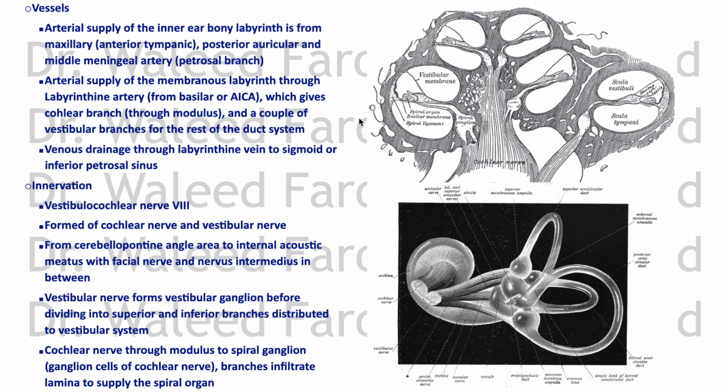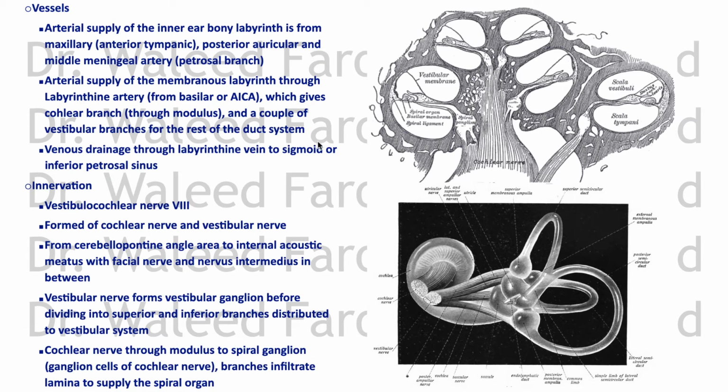The labyrinthine artery comes off the basilar artery, which is formed by the union of the two vertebral arteries in front of the pons of the brainstem. It gives a lateral branch called the labyrinthine artery that enters the internal acoustic meatus with the vestibulocochlear and facial nerves to supply the membranous labyrinth through branches inside it.